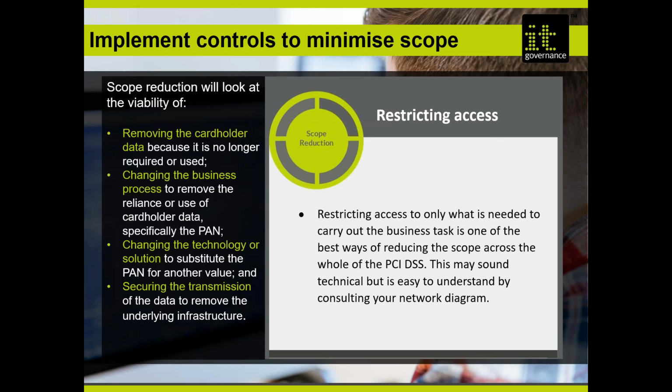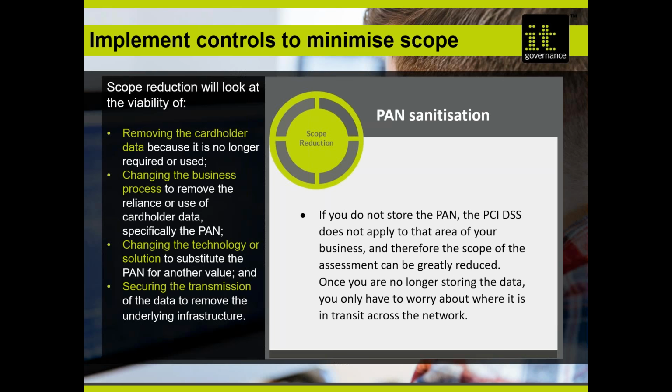It might sound very technical, but it's easy to understand when you have your diagram and you refer back and you can map and push through and see where cardholder data is flowing. And you might find that your databases do not contain cardholder data. They contain client or transactional information, but they don't have any cardholder data in, and therefore they can move out of scope if you've done your exercise correctly.